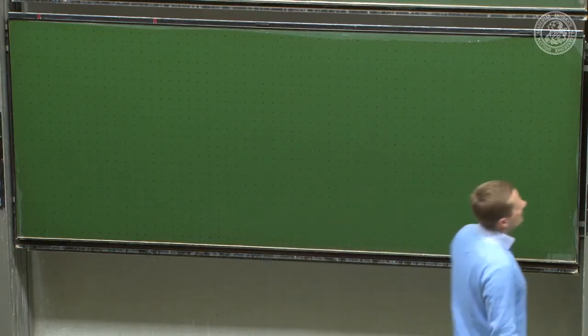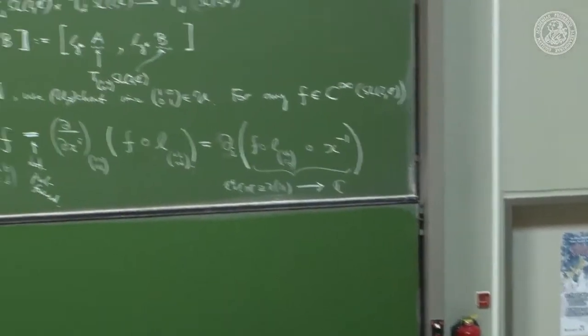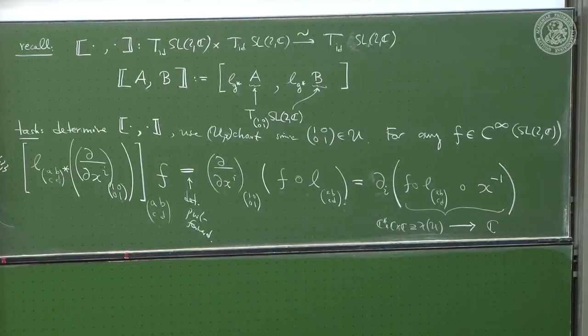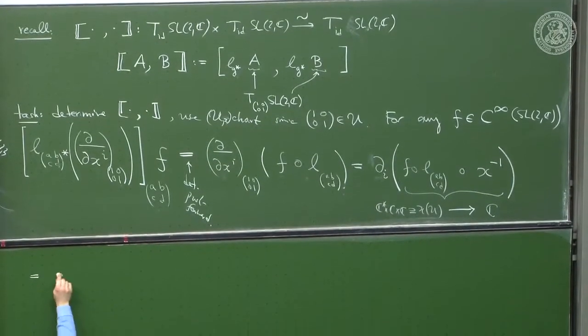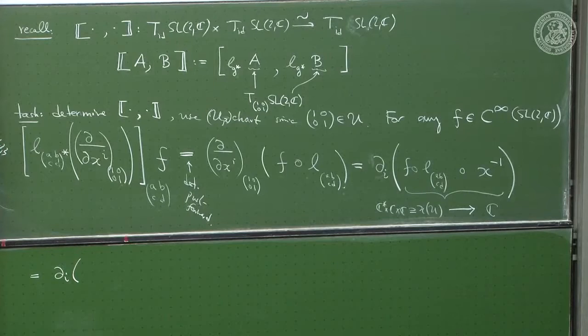Let me continue here. So we have this guy. Now this makes sense, but now I want to go one step further, and I insert yet another pair of chart map and inverse chart map.